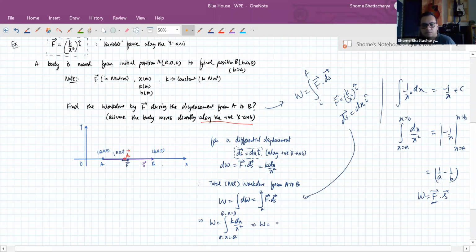So this becomes minus k by x with limits x equal to a to x equal to b. So it becomes the upper limit, minus k by b, minus the lower limit, minus k by a.